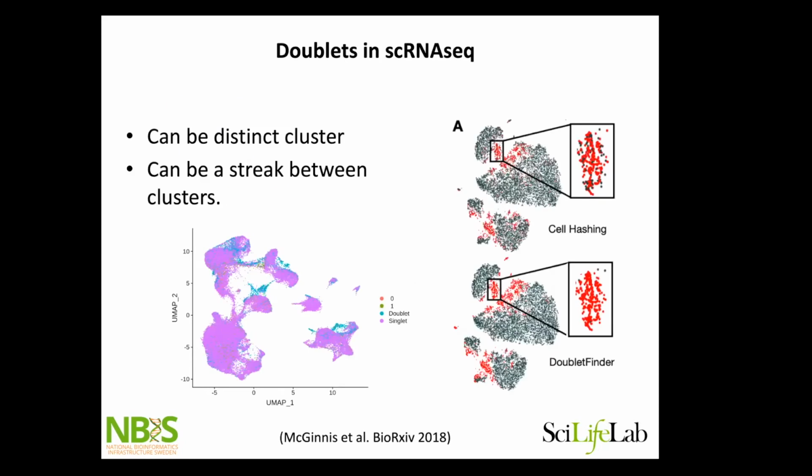As Carolina mentioned, cell hashing can help you to see doublets, but only doublets that occur between two samples.